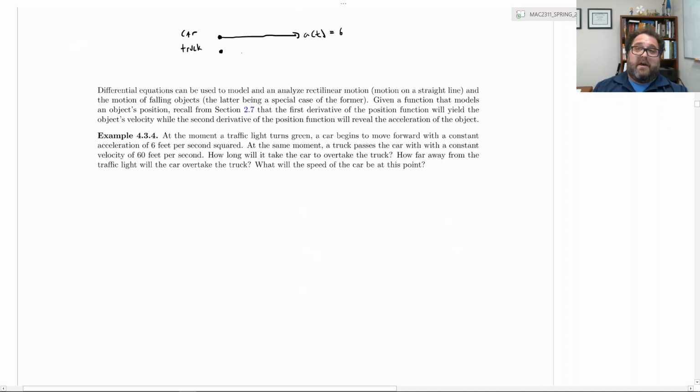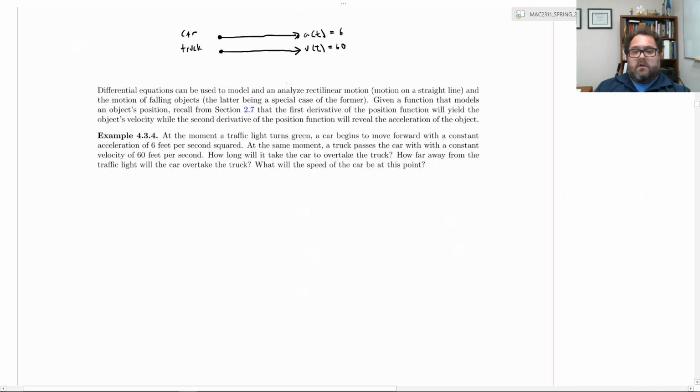I guess the only way for this to happen would be if that truck had some really good intuition and knew the light was about to turn green, or the truck was about to run the red light, because it's going at 60 feet per second, no plan to stop. And it just so happens the light turns green. So the car is stopped but starts going at a constant acceleration, but the truck has a constant velocity of 60 feet per second.